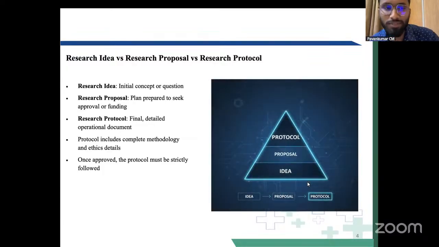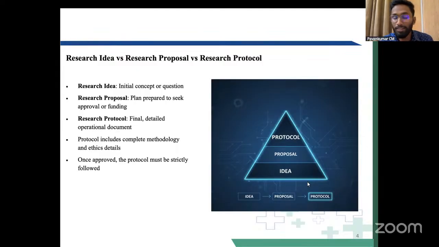In simple terms, a research idea is just an initial concept or question, a research proposal is a plan prepared to seek approval or funding, and a research protocol is the final detailed operational document, including complete methodology and ethical details, and once approved the protocol must be strictly followed.